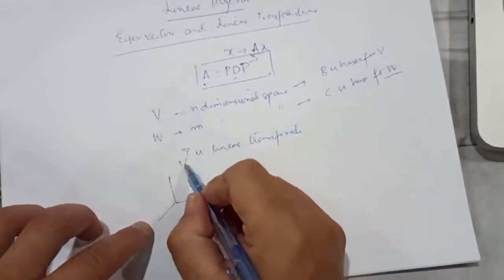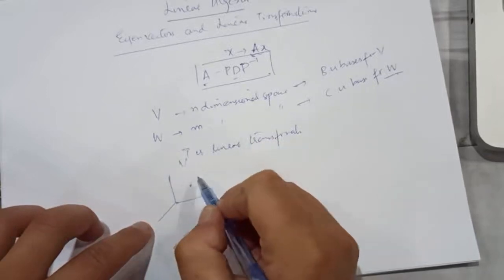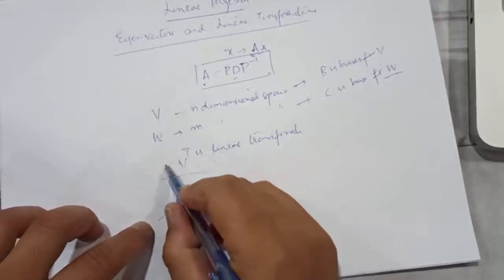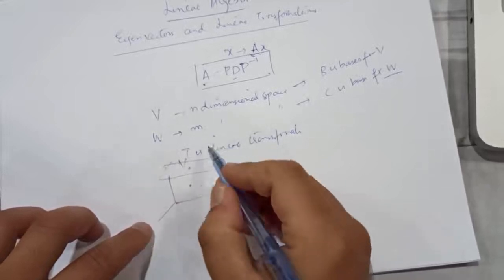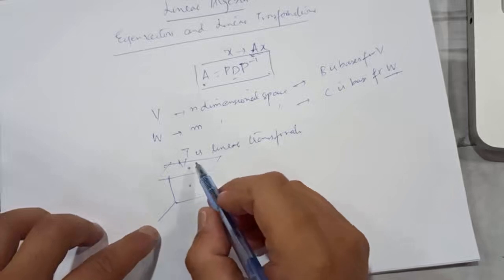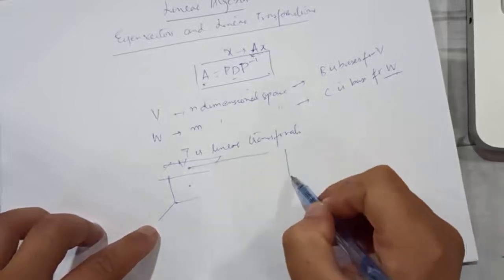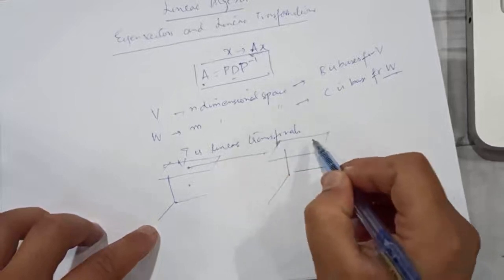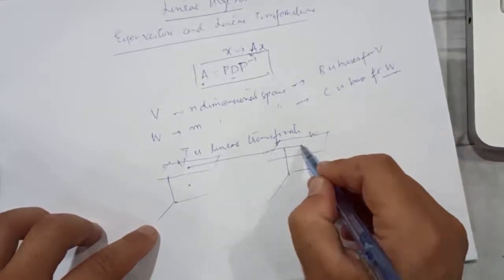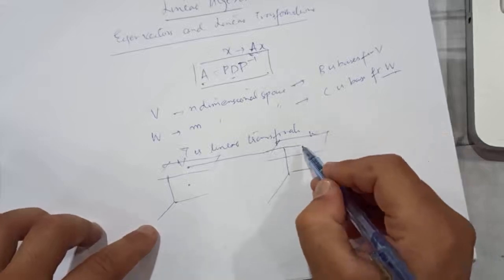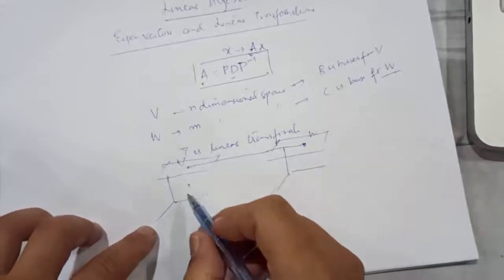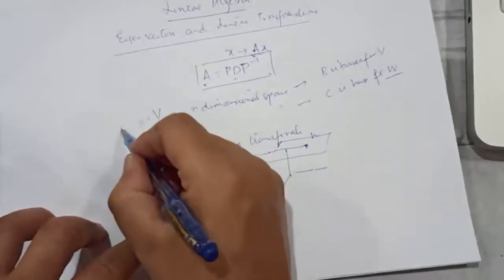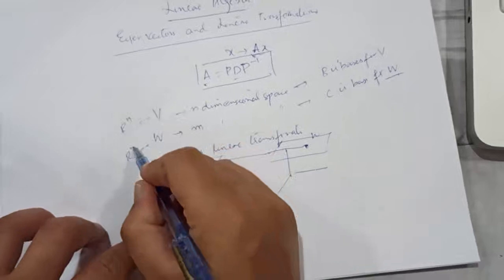Now the point here is that at any point, let's say this is V, this is a subspace V. Any point X here could be transformed to a point in this space, let's say W, somewhere here. We know that this is Rn, an n-dimensional space, and this is, let's say, an m-dimensional space.